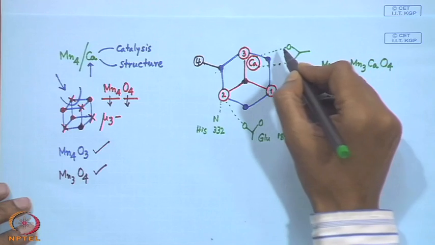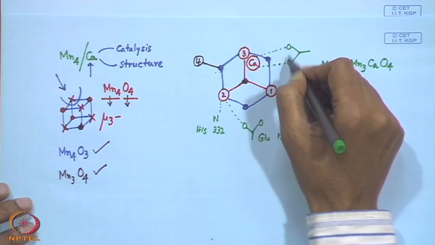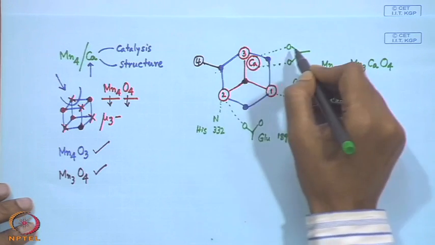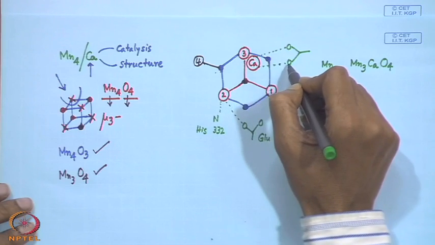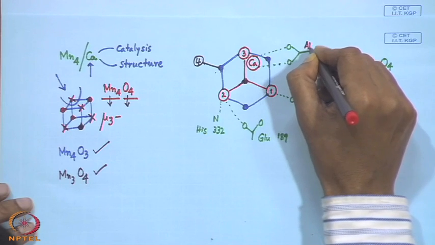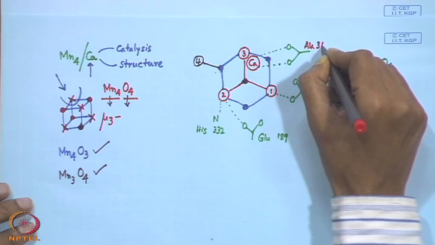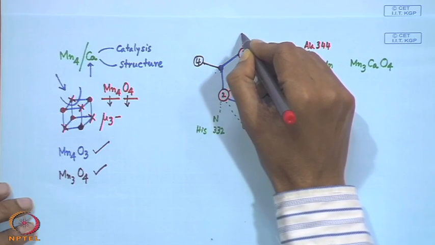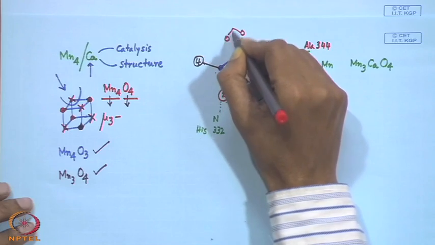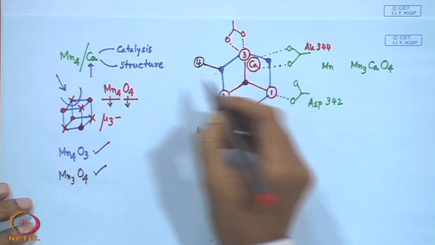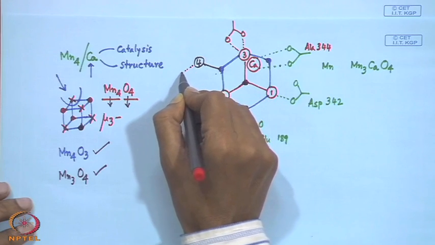These two oxygens, when used for coordination, go to two different metal centers for copper, iron and so on. But calcium is loosely bound, because both bonds are not the same. This is alanine, Ala 344, and this is again bound to a carboxy end.